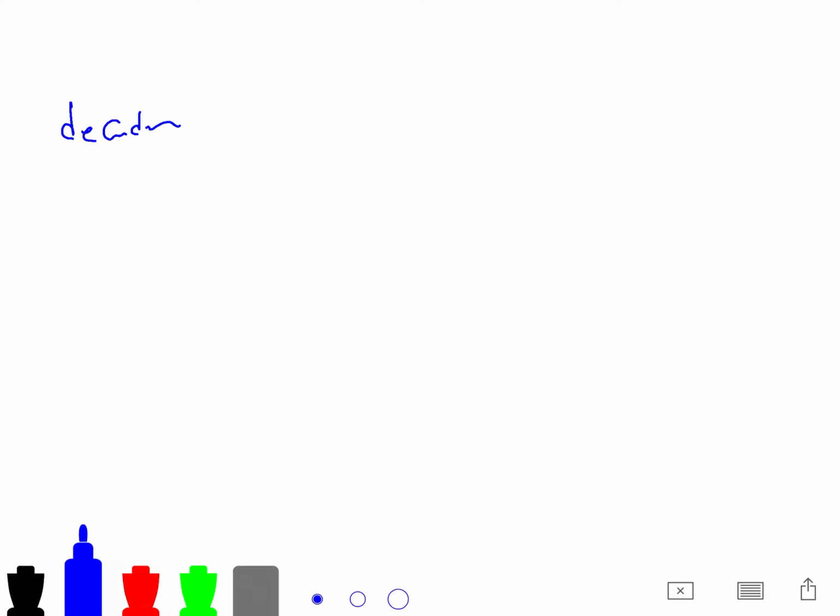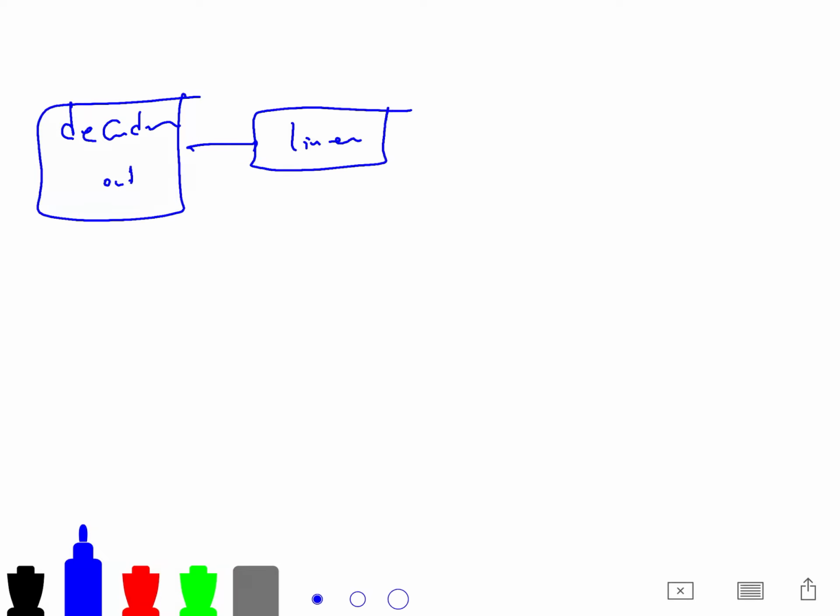For example, you have a decoder stack output. You give it to a linear layer, so it depends on the size of your vocabulary. For example, let's say we have 10,000 English words. This is what they call logits.